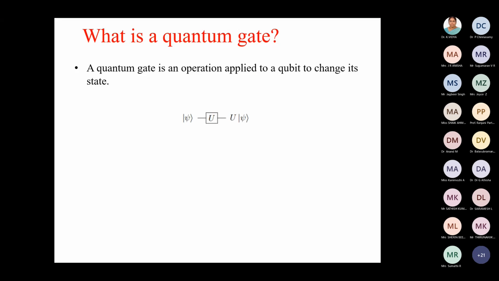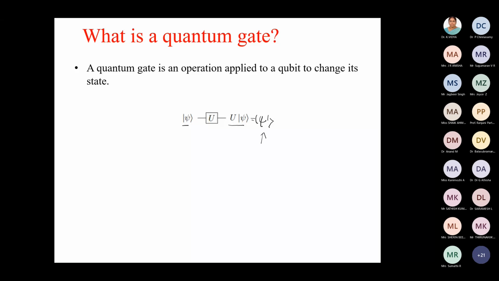If my state is psi and I apply U as a quantum gate or operator on this, then it will be U psi, which I can rename as psi dash. So if I talk about a single qubit gate U, then this psi dash should also be a valid qubit state, because I apply the quantum gate U on this psi and change it to psi dash, and this psi dash should also be a valid qubit state.